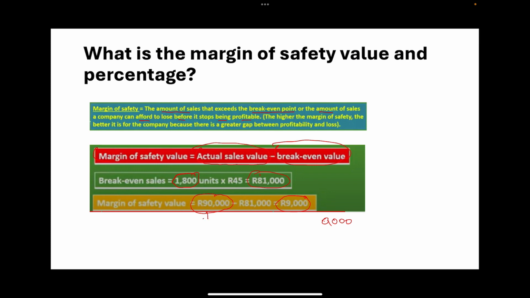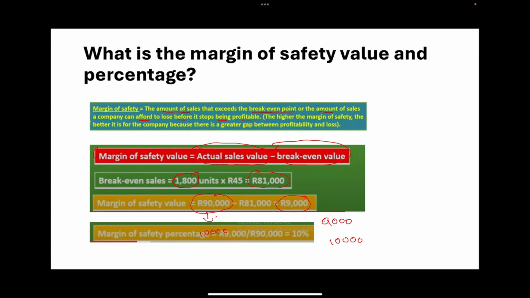If you have made a sales revenue of 1 lakh, the margin of safety will be 10,000. The higher the margin of safety, the better it is for the company. And here the margin of safety percentage is calculated like this, that is 9,000 divided by the sales revenue. So it is 10%. That is the margin of safety percentage.